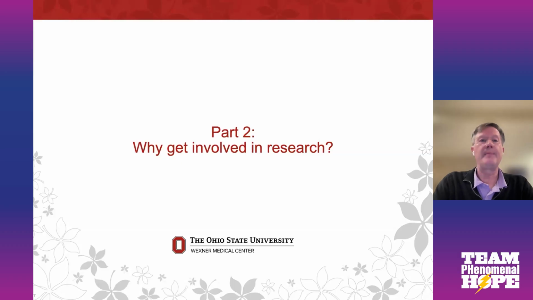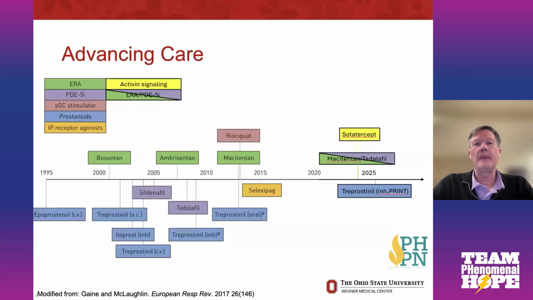So an important topic, why get involved in research? Well, many of you are most likely on medications for pulmonary hypertension and probably for pulmonary arterial hypertension or pulmonary hypertension related to interstitial lung disease or pulmonary hypertension related to chronic blood clots in the lungs.